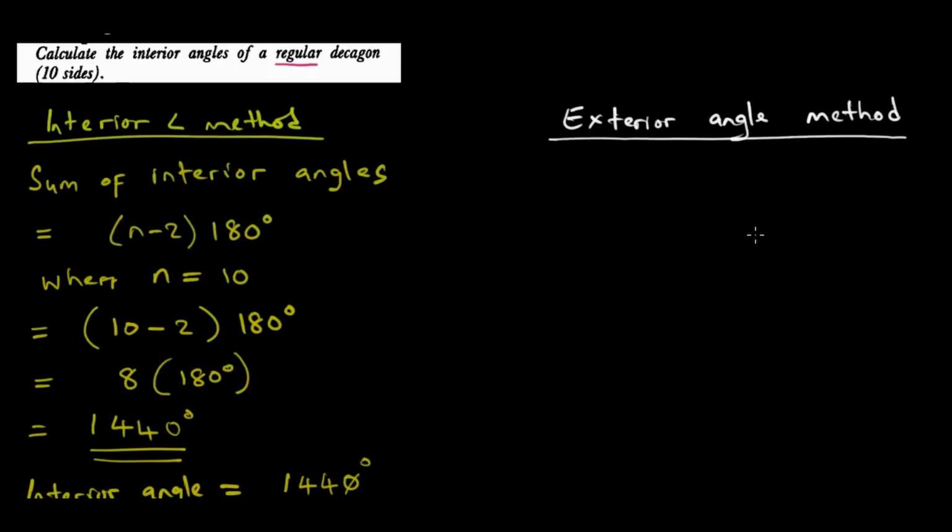How are we going to do that? Okay, so let us just imagine part of this shape. Of course, I'm not going to draw all 10 sides. Just watch, this is just part of that shape. Then we have this as our interior angle, and that is our exterior angle.